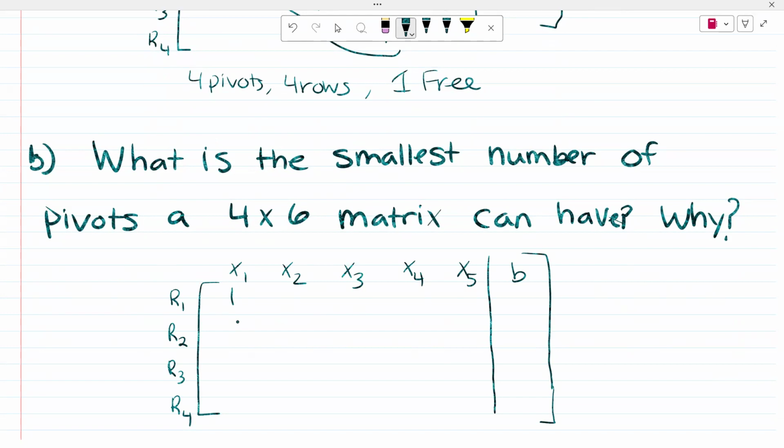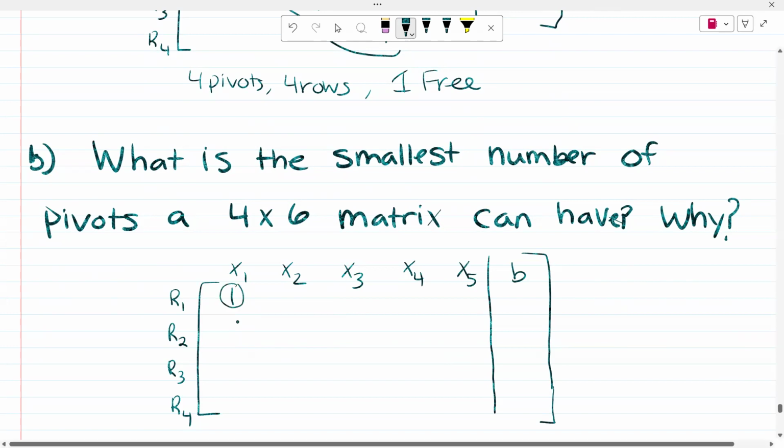This is the smallest number of pivots. I think it would just be one. They're asking what is the smallest number of pivots a matrix can have. So you would have one pivot, right? The pivot is like the one. So row two could be all zeros.